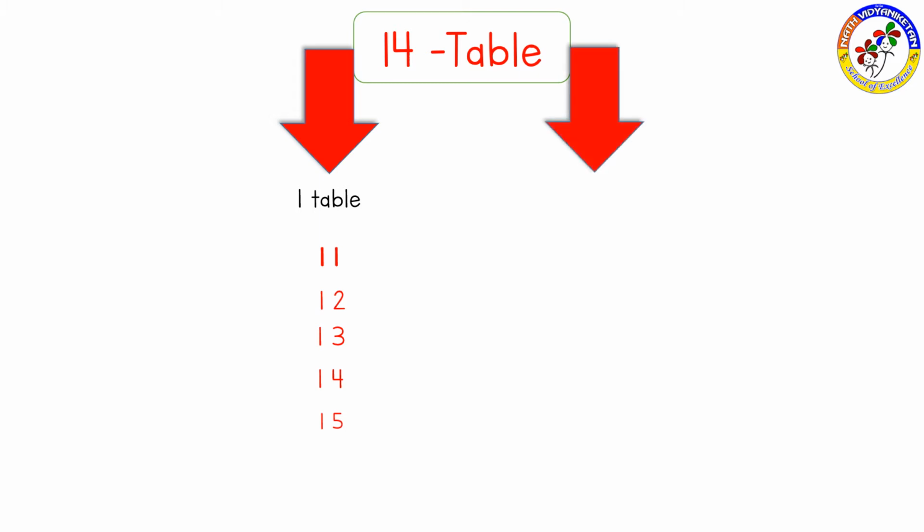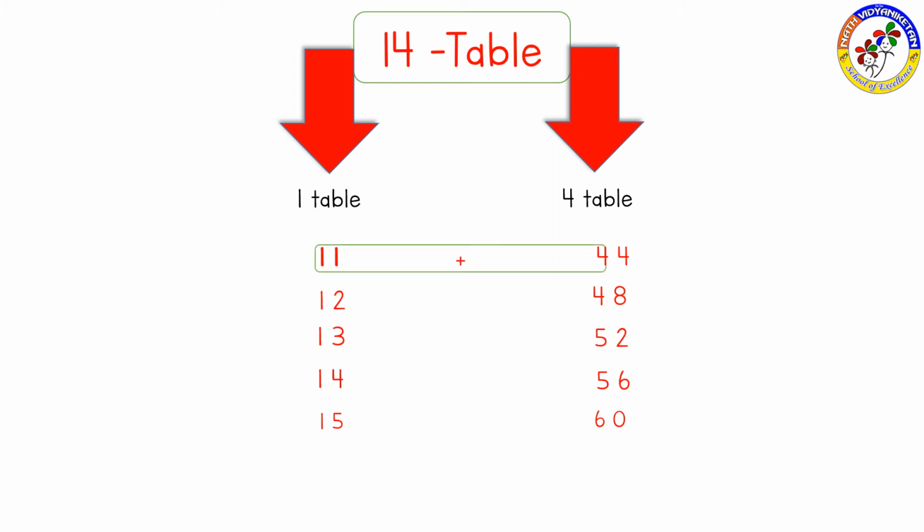Now here fourth table from 11th step. 4 11s are 44. 4 12s are 48. 4 13s are 52. 4 14s are 56. 4 15s are 60. Now let us use the trick.